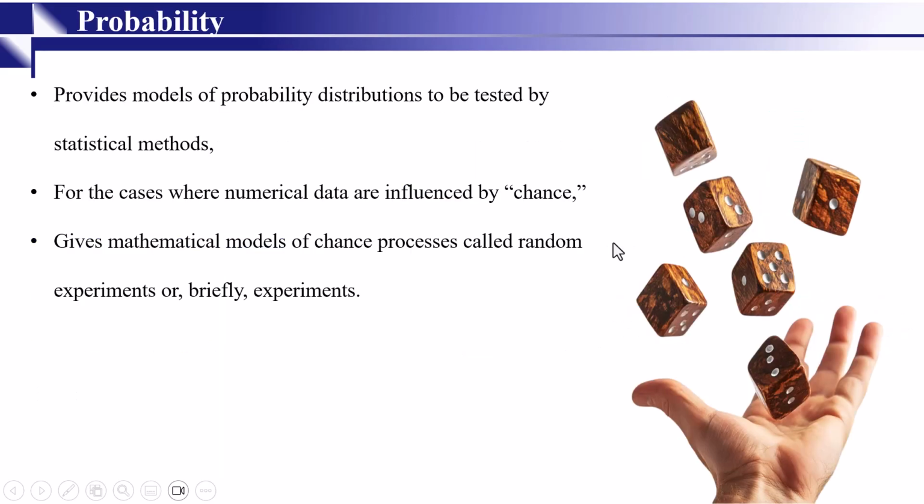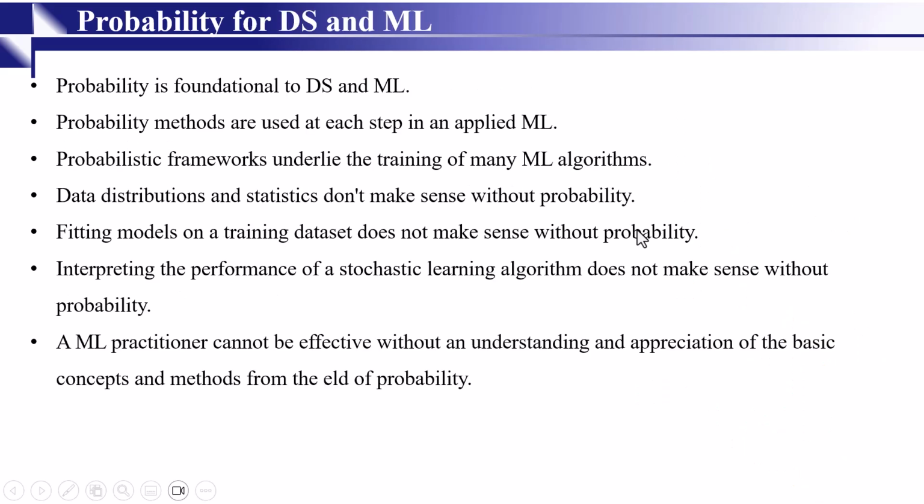Then on the other side, we have probability. Probability theory provides models of probability distribution to represent chance-based phenomena. A statistical model tests these models and relies on probability theory as its mathematical foundation. Probability is foundational for machine learning and essential for learners. Probability is a prerequisite in most applied machine learning courses and books.